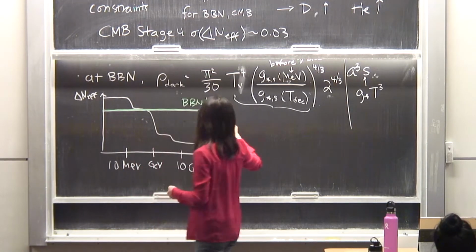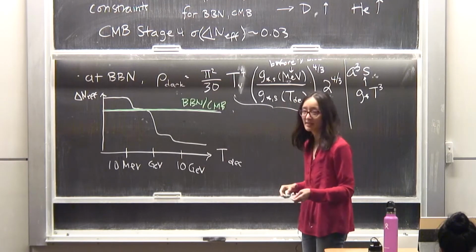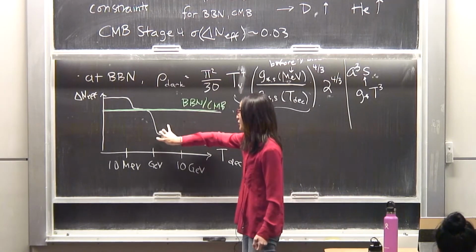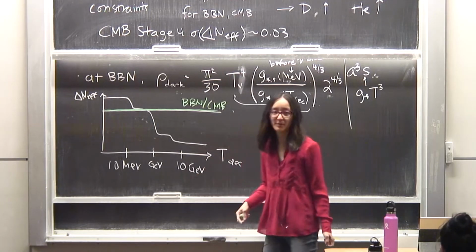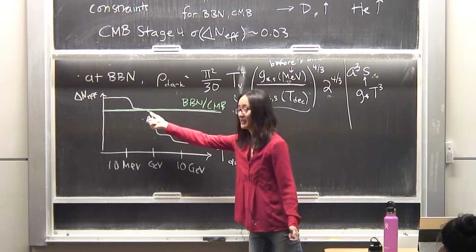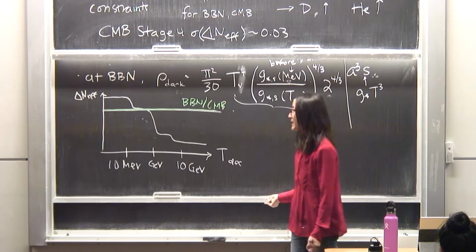So my BBN/CMB bound sits at around here. Currently, it's still allowed to have the two sectors in equilibrium somewhere above the QCD phase transition. Then you can sufficiently decrease the delta N effective.